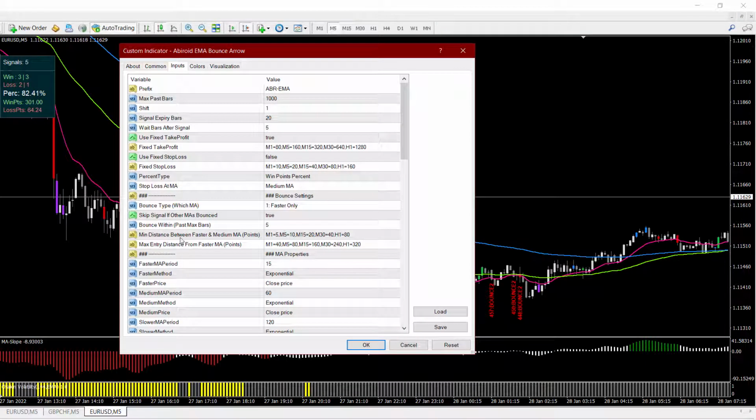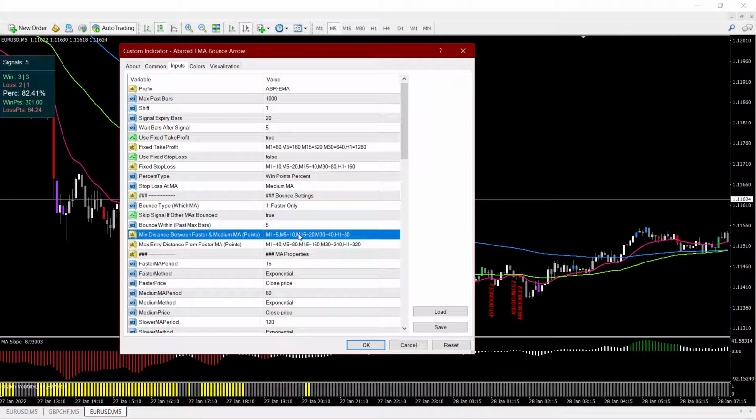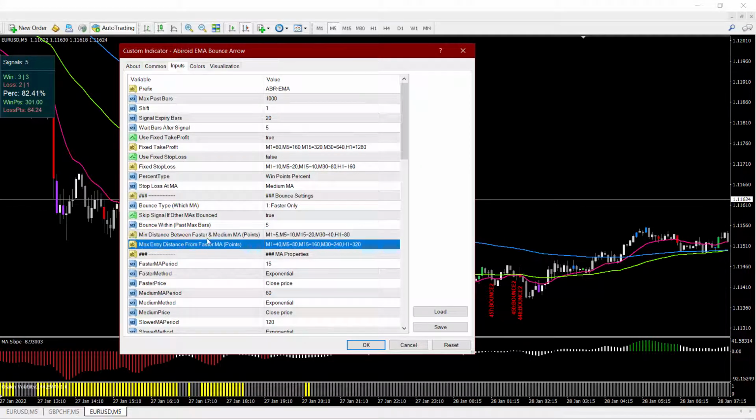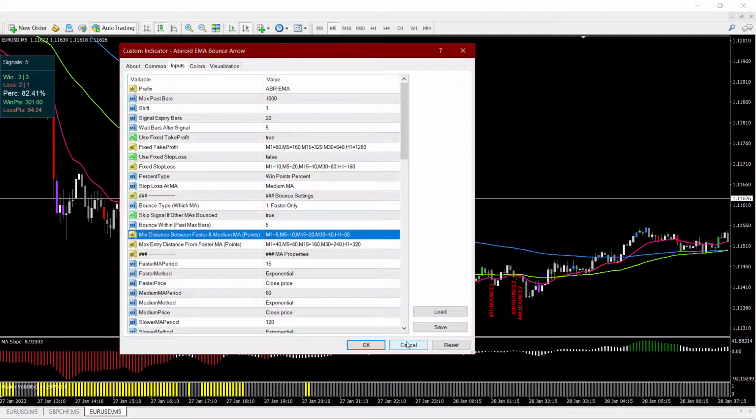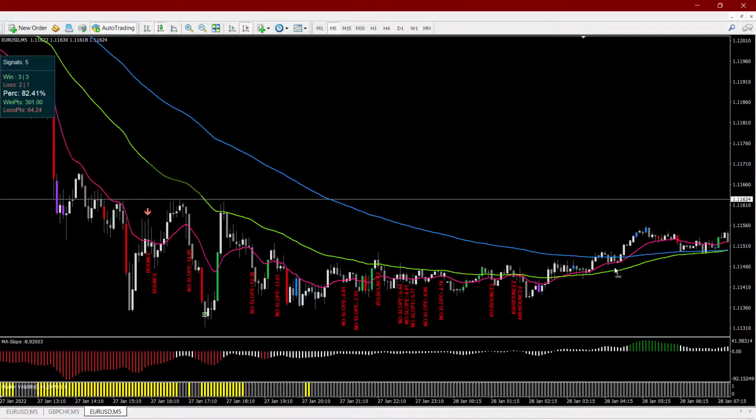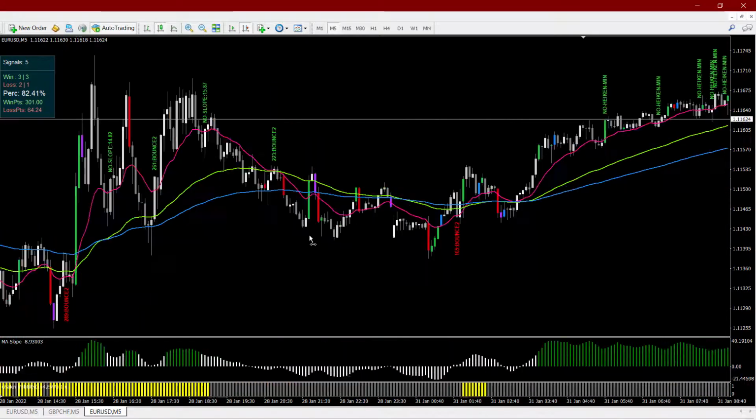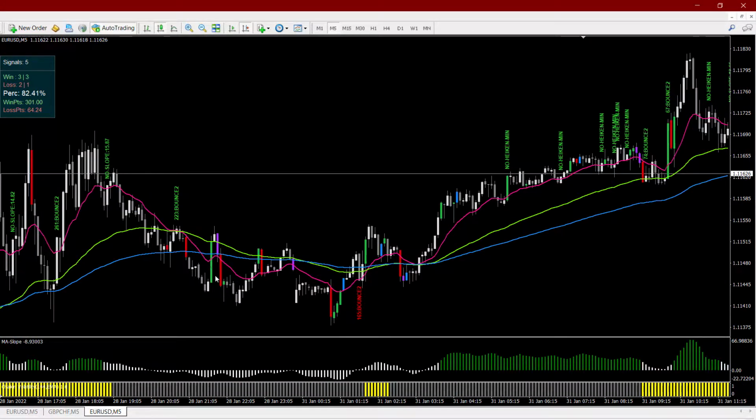Next we have this min distance between faster and medium MA, and let me go over this first. Now if price is sometimes ranging like right here, then all of these moving averages crisscross a lot.